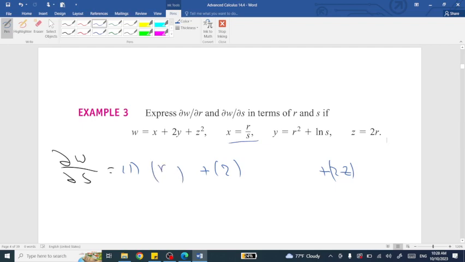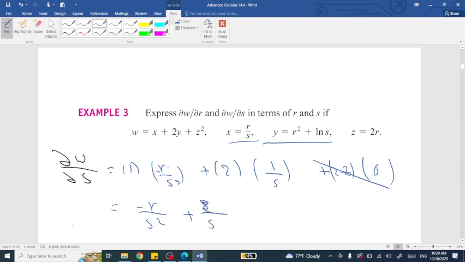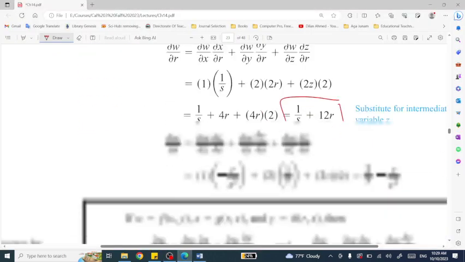Exactly. R is a number, right, so it is going to have S to the power of minus 1. It will be what? Minus. Am I right? How about that one? 1 over S. How about that one? 0. So I get 0. It remains minus R over S squared, 2S. Clear? Easy.